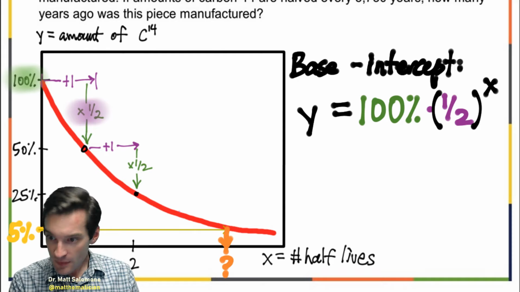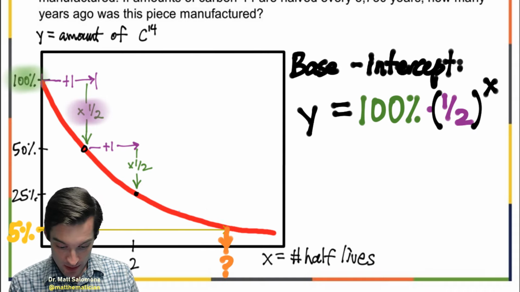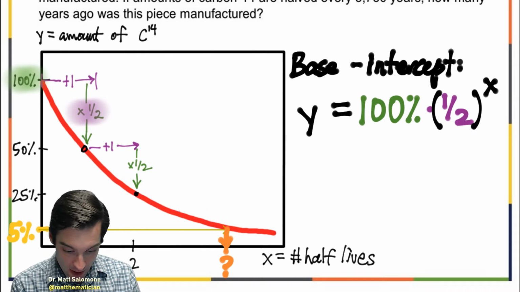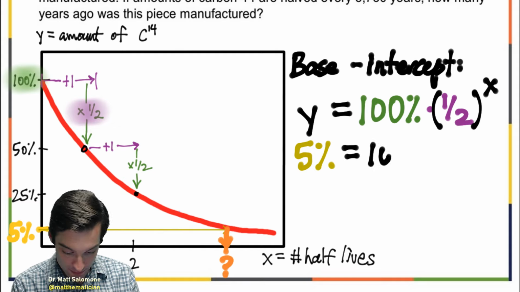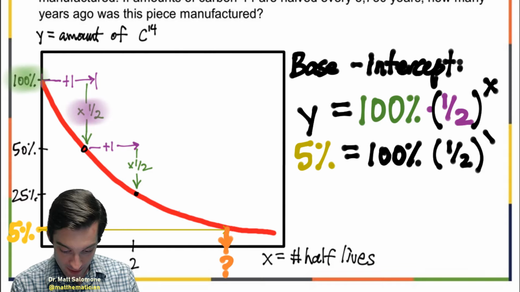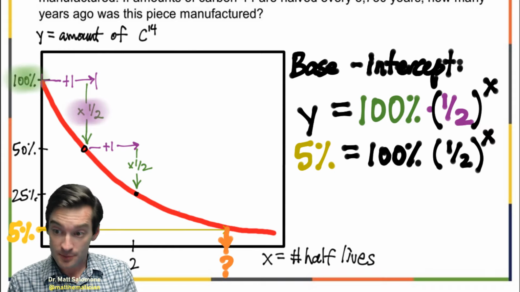Okay, so we have a question in front of us, which is when y is equal to 5%, what is x? So we'll just replace y with 5%. Right? Our y is known, but our x is unknown. 5% equals 100% times 1/2 raised to the power x. And so what I really need to do here is to get this x by itself.